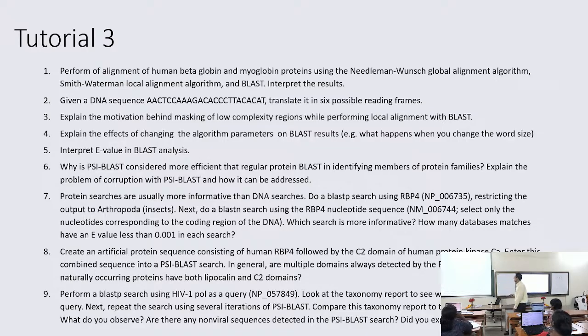So next question. Why is PSI-BLAST considered more efficient than regular protein BLAST in identifying members of protein families? We just discussed this.